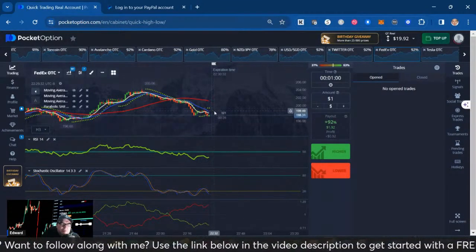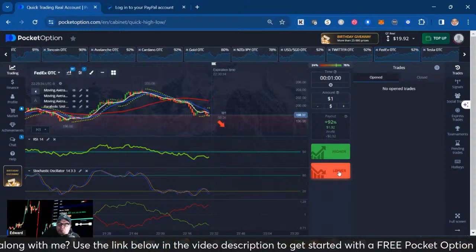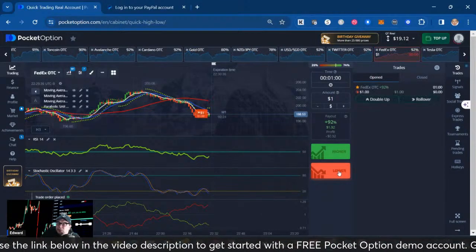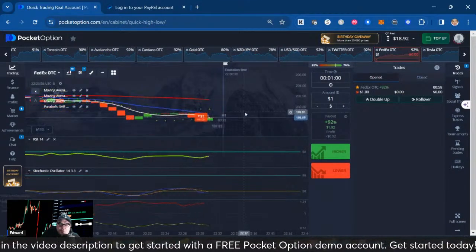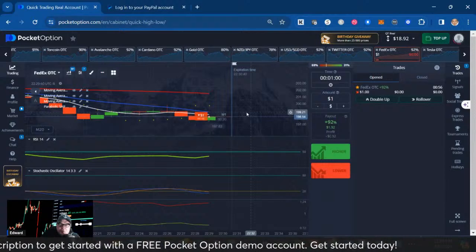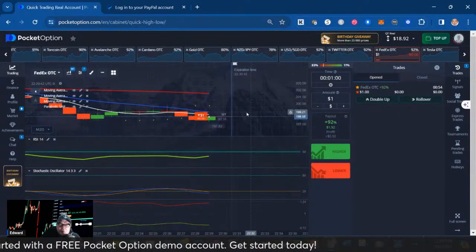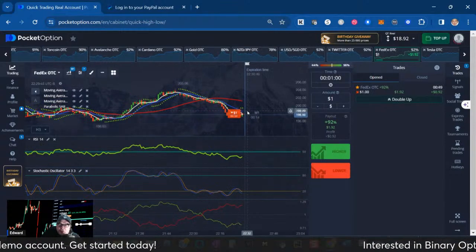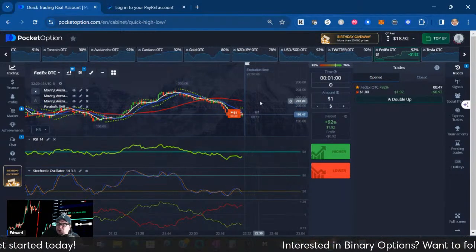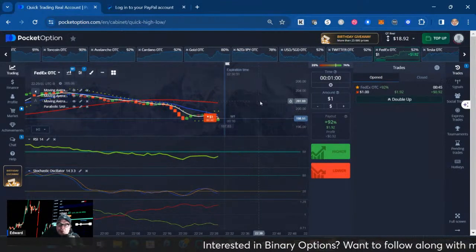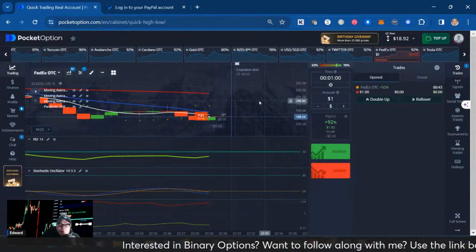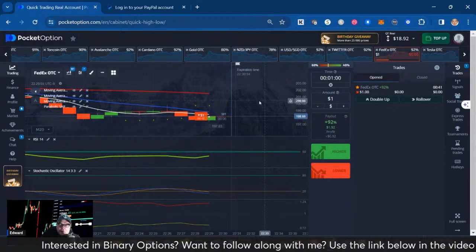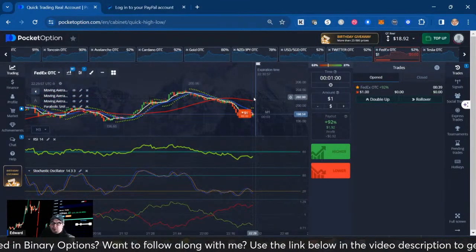And then we got the moving average showing down. I'm going to do a 1 minute down and see what happens. I'm going with the trend. See if it's successful. I don't know.